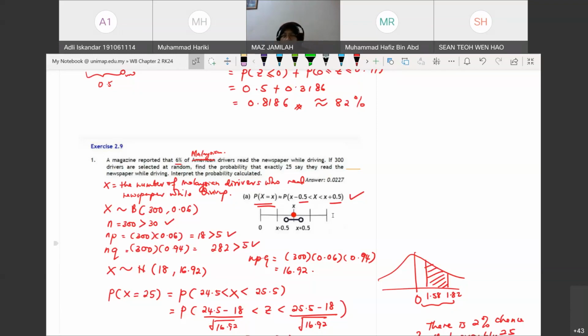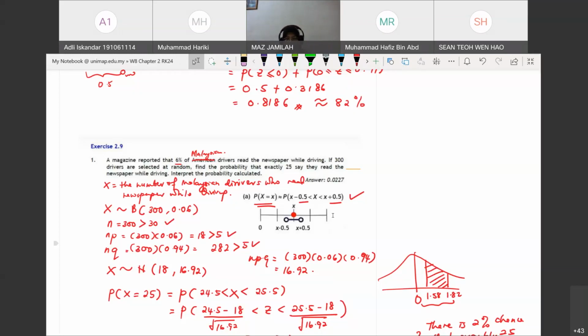But how should I know whether I should use the approximation or not? When the number of trials is so large, if you have 100 trials, the approximation could be to normal. If you have somewhat like 70, 30, 35, it can follow Poisson also.